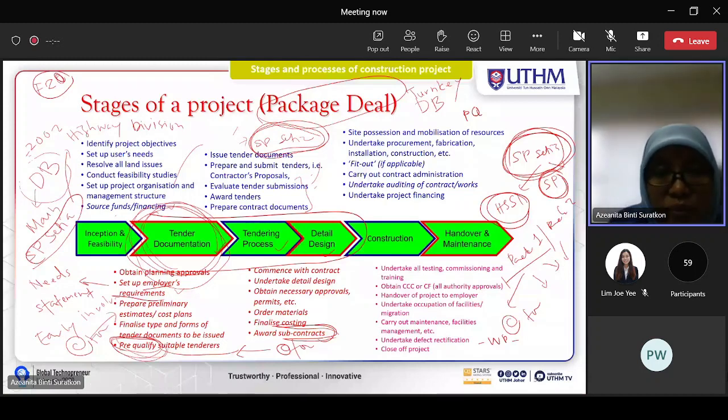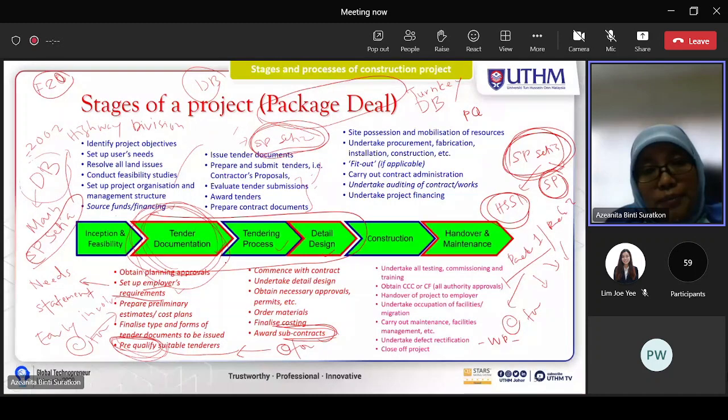This is SP Setia, and maybe other big contractors also join this pre-qualification. Then the client will do selected tender or negotiated tender, because at that time not many contractors could do DB projects. So maybe for this project only 2 or 3 contractors joined. Here SP Setia is the contractor who needs to prepare and submit the tender to the client.